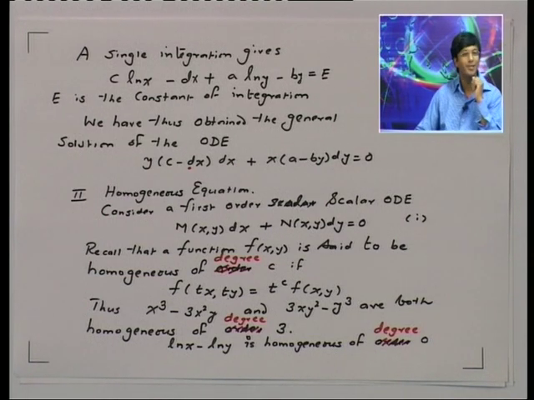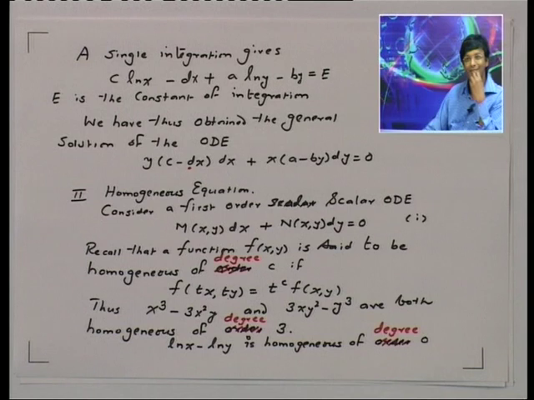It means the differential equation exhibits a symmetry of a certain type. A variable separable equation also exhibits a symmetry of a certain type. You have a sum of two terms, one term involves only x and another term involves only y. That is a kind of symmetry, if you like. Here it is a symmetry of a different type. I would call it a scaling symmetry.